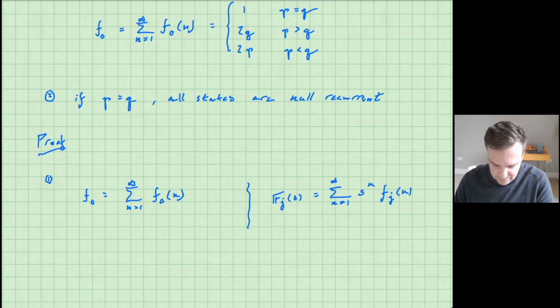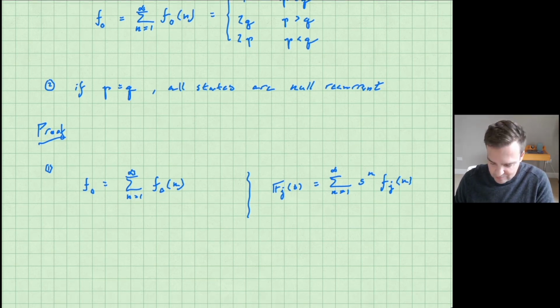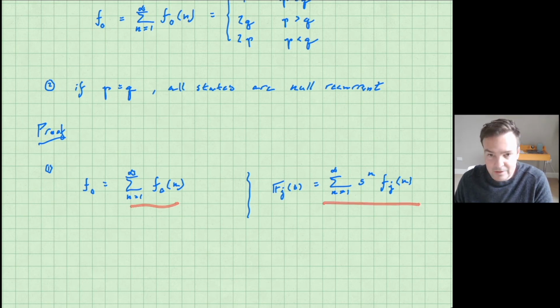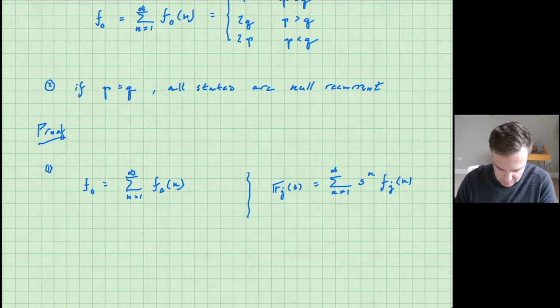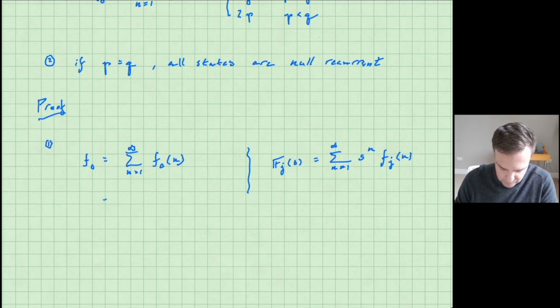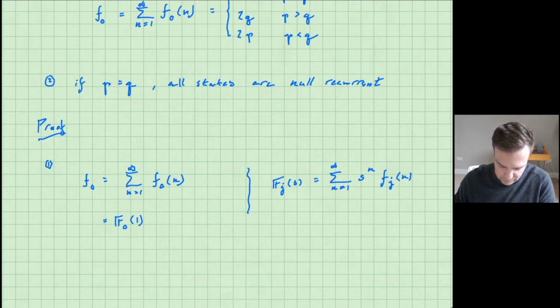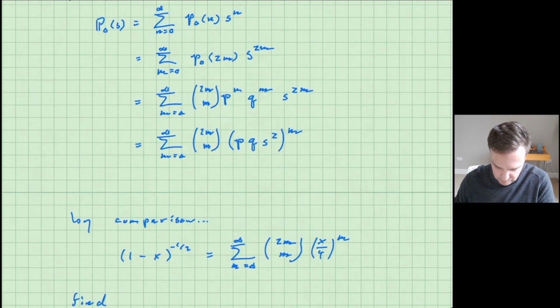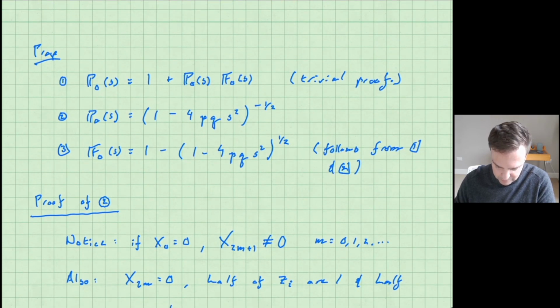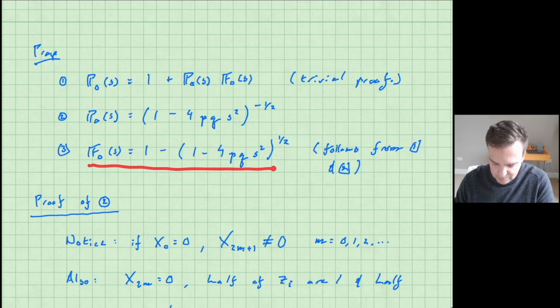So this thing on the left, f sub 0, that's the same as that sum. This sum is the same as this sum if s is equal to 1, right? And so this is equal to F0 evaluated at s equals 1. So if we just go back to our previous proposition, we're going to take this and just put s equals 1.